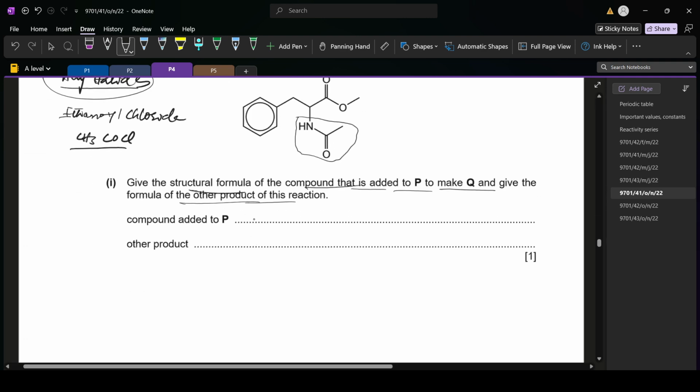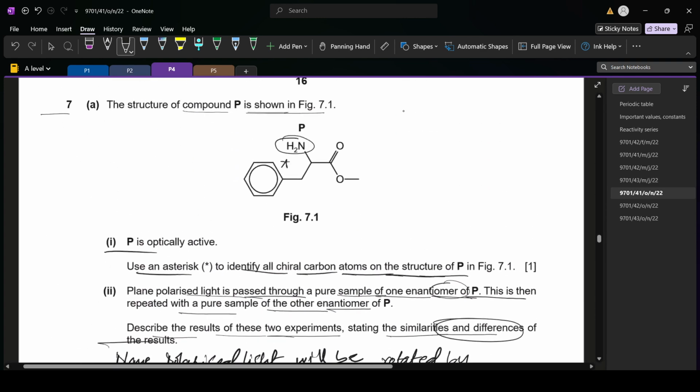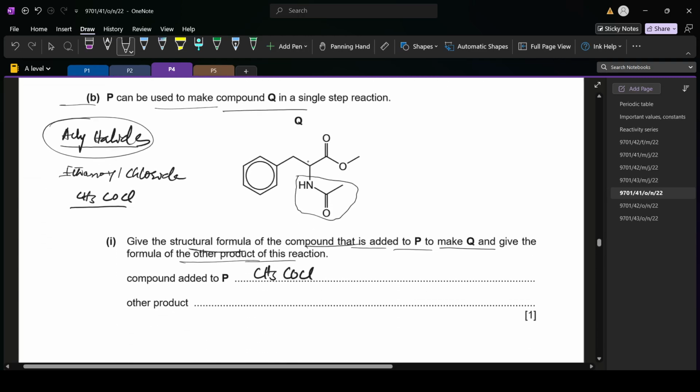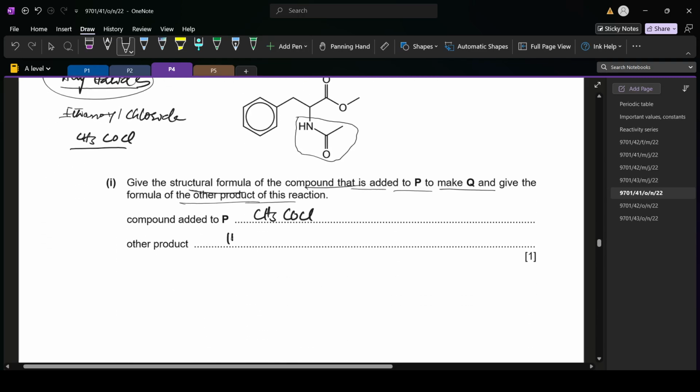So this is the compound which is added to P. When CH3COCl reacts with P, it will form Q plus HCl. The one hydrogen that is removed from P reacts with the chloride ions to form HCl. So the other product is HCl.